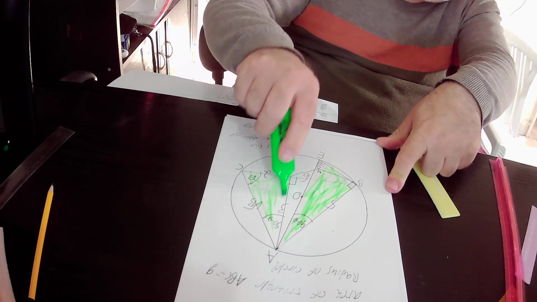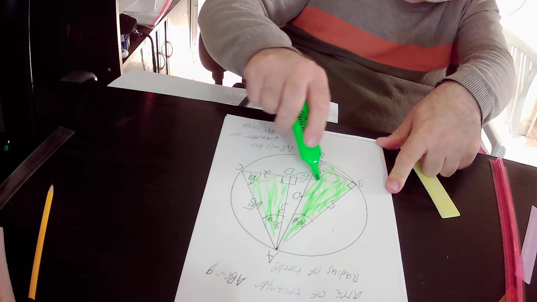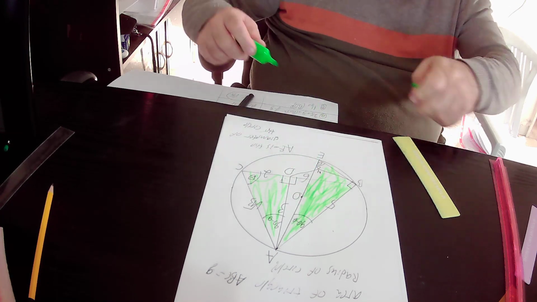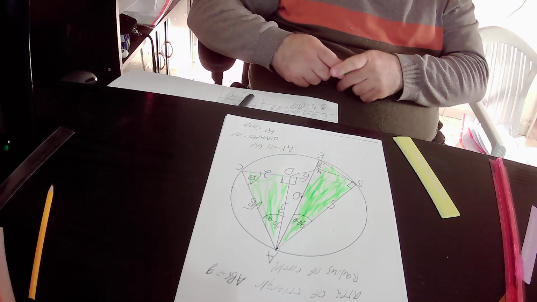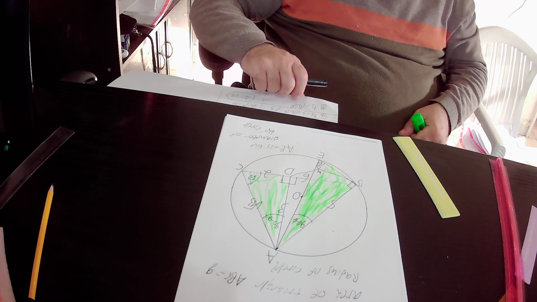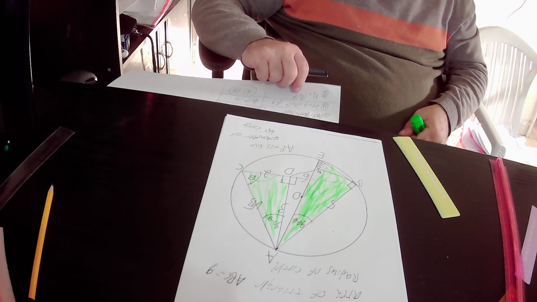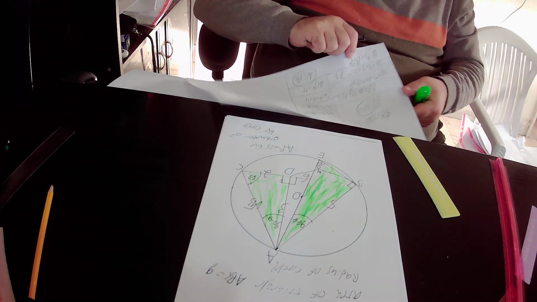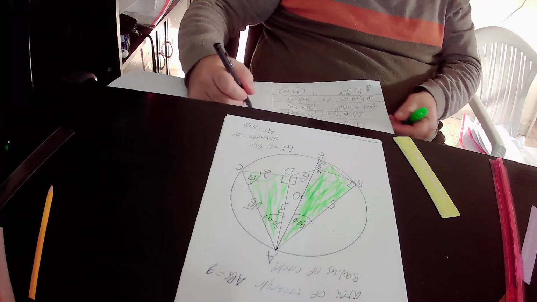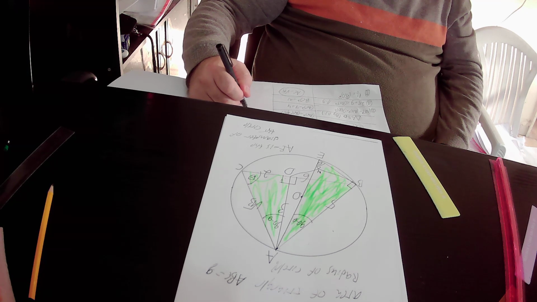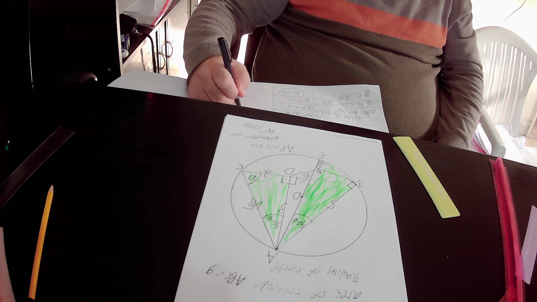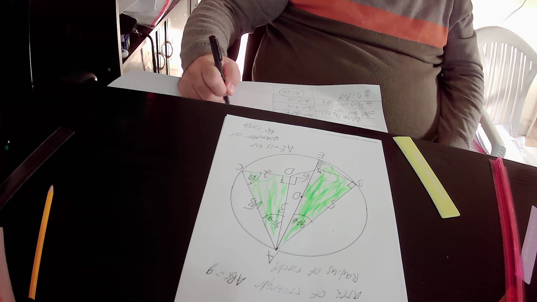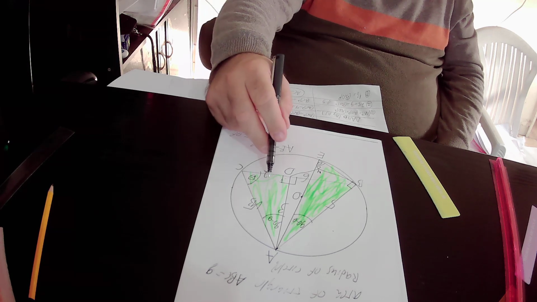Okay, we prove that the green right triangles are similar to each other. So I write it down. We prove that the right triangle ABE is similar to the right triangle ADC.